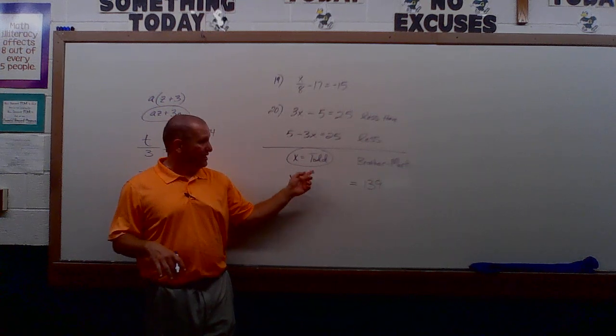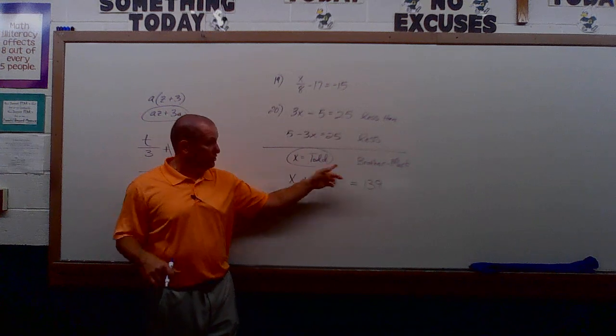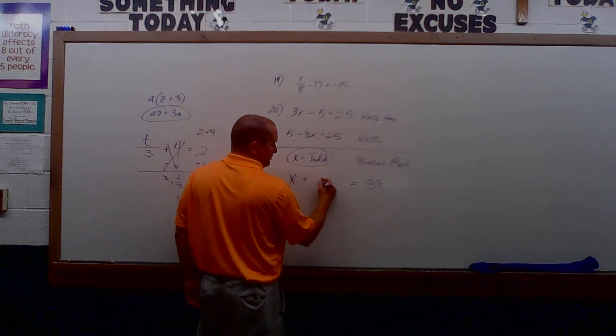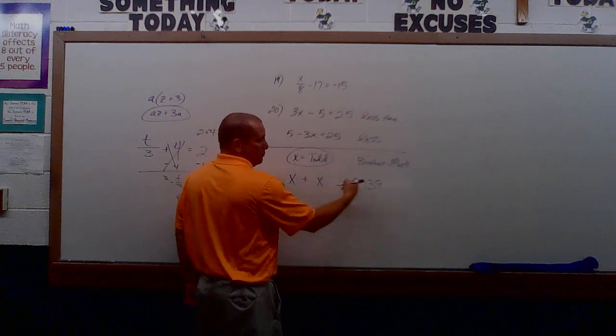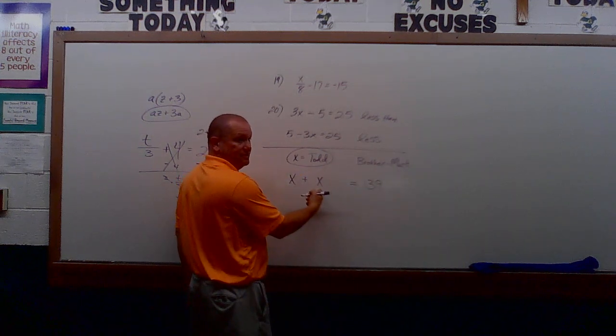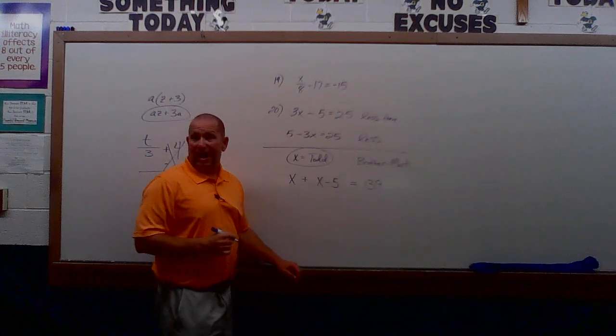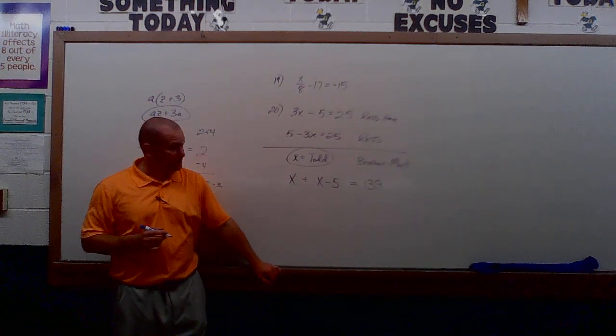It said he was 5 inches taller than Mark. So when I write down Mark and I'm saying Todd is x, Mark is really what to x? He's really 5 less than, right?